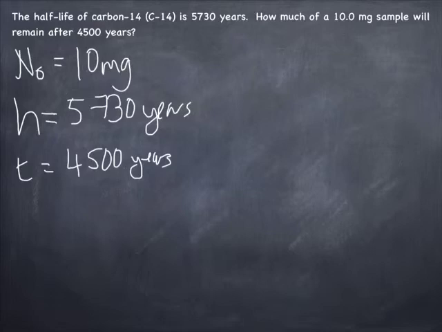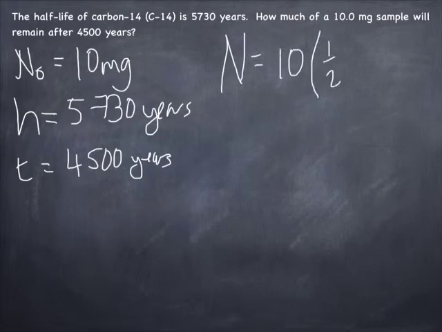When we do this, we've got N equals 10 times 1/2 to the T over H, so 4,500 over 5,730 power. Now, I may be a math teacher. I can't do that in my head.